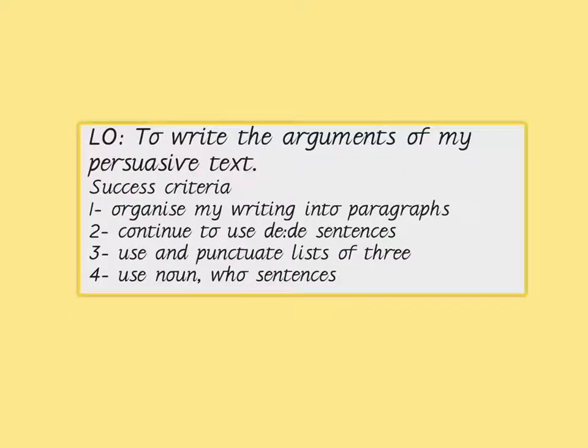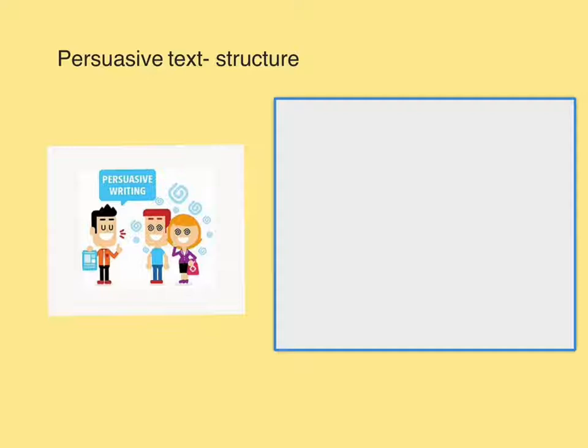Right, okay, so we are writing the arguments of our persuasive text. Remember, focus on organizing your text into paragraphs using DD sentences, and we're going to be working on noun, which, who sentences today. Let's just revise the structure of persuasive text. Right now, you should be masters of all 6 steps of persuasive writing. Come on, give them to me. 1, 2, 3, 4, 5, and 6.